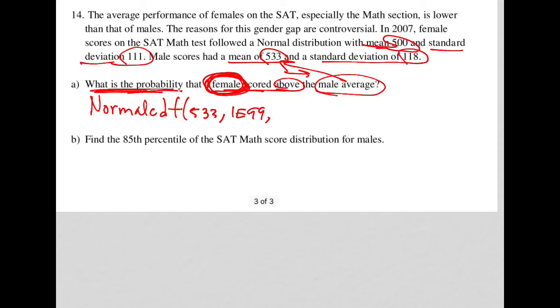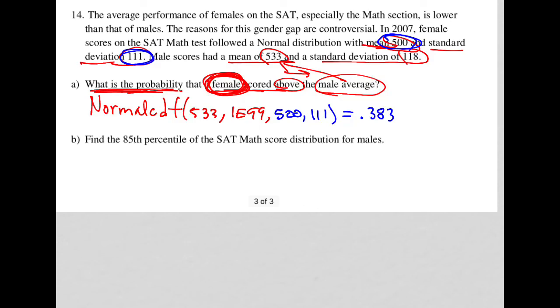So the female mean is 500, and the female standard deviation was 111. So now, if we see what that equals, we get 0.383. So basically about 38% of females will score above the male average.